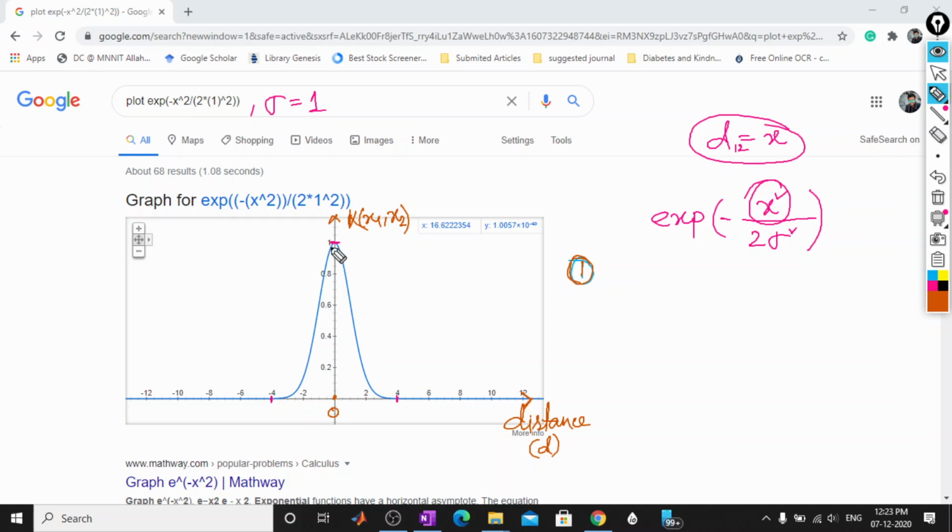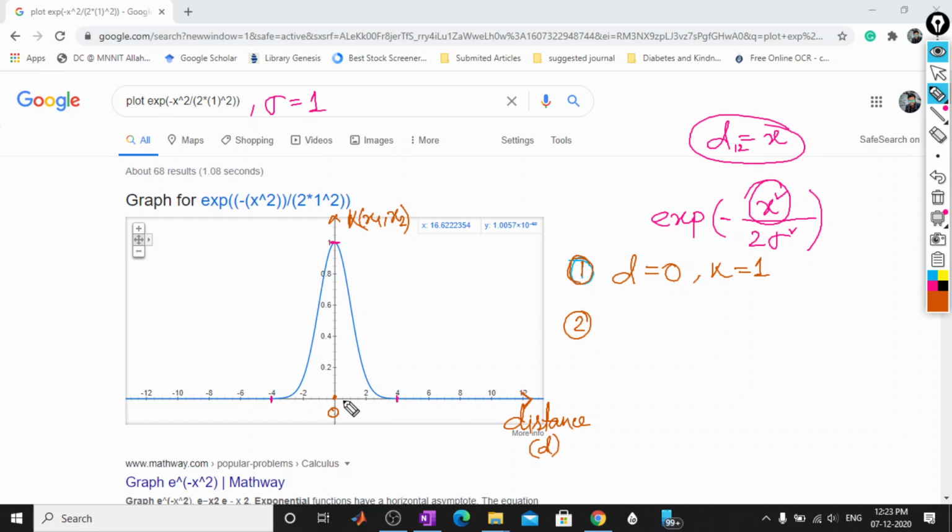Okay, so first see, this point is our 0 point. If our d is 0, then what is the kernel value? The kernel value is approximately 1, properly 1. Okay, just see, if d is equal to 0, then our kernel value is 1. Let's take another.